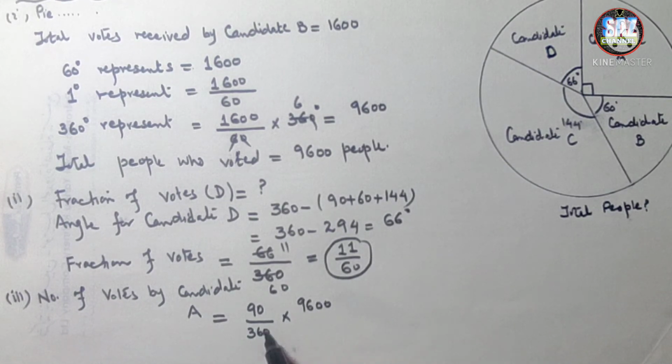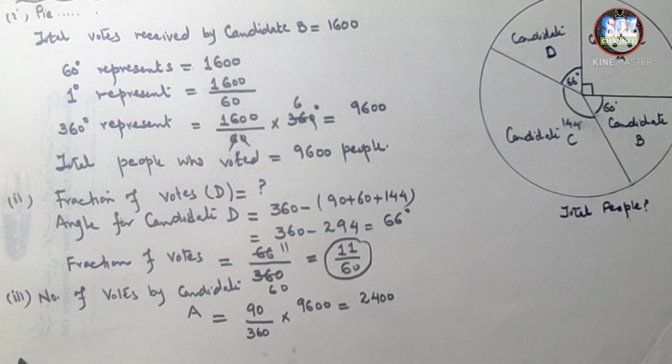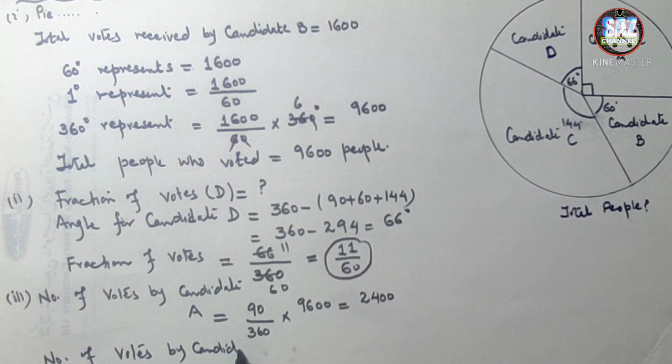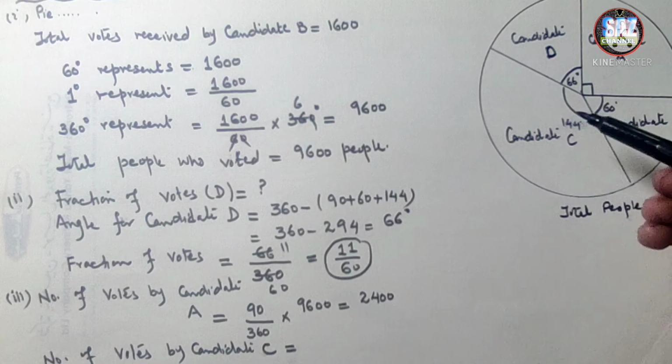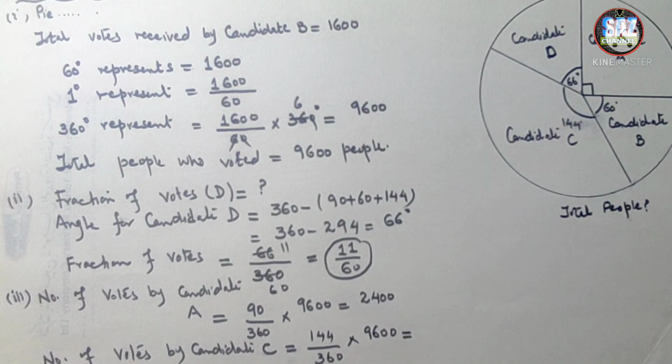Now look, 0 goes with 0, or we can use the calculator. 90 multiplied by 9600 divided by 360, and this comes to 2400 votes for candidate A. Then the number of votes by candidate C will be the angular turn 144 by 360 multiplied by 9600, and this is giving me 3840.